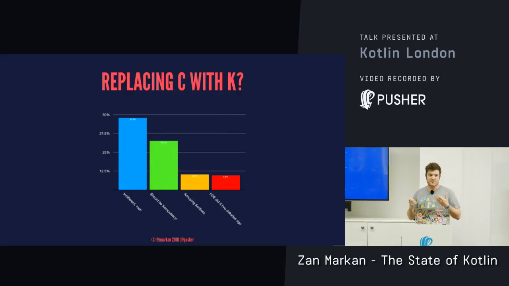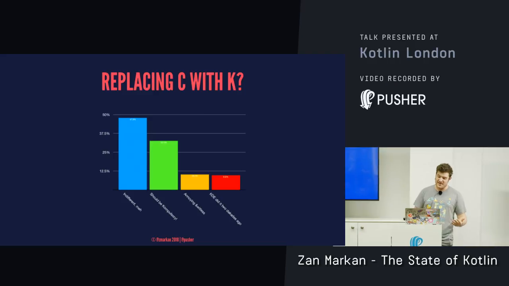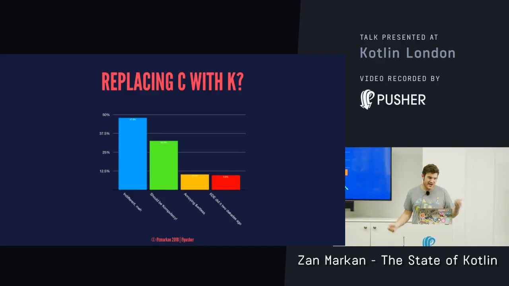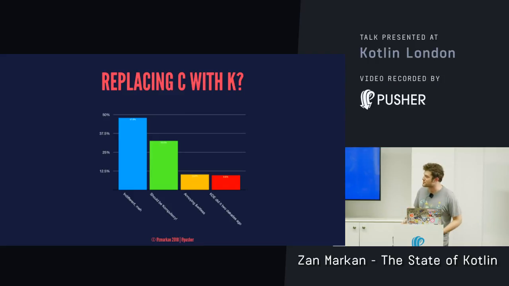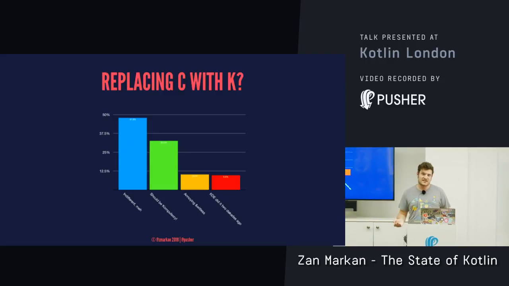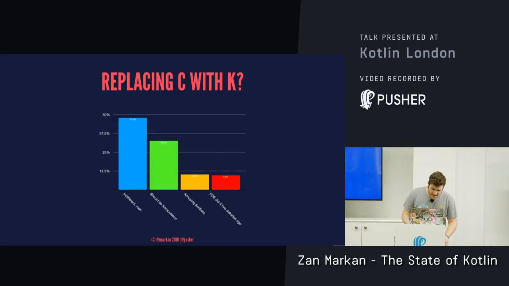I was really interested in this, actually. You've probably seen that a lot of libraries are replacing C's with K's. So there was Kategory, which was spelled with a K. There is Kinject with a K again. So I asked, like, what do you think about this? Do you like it? Do you not? Most people are indifferent, but 32% of people say that it should be compulsory.